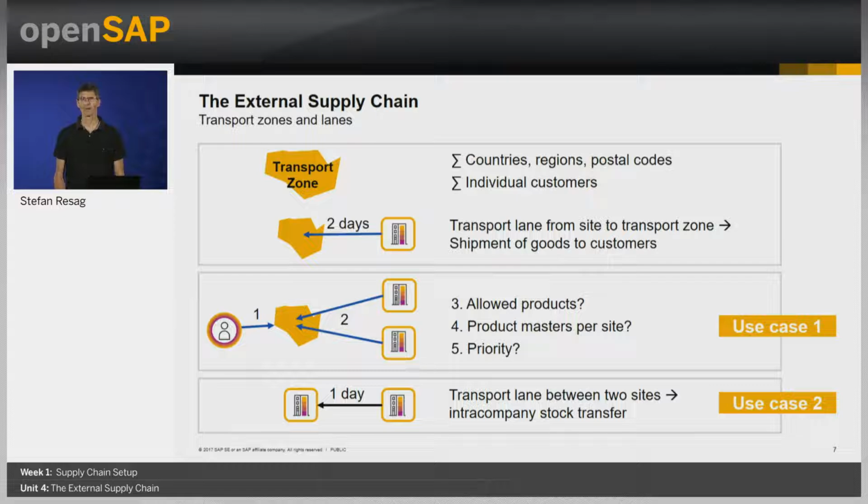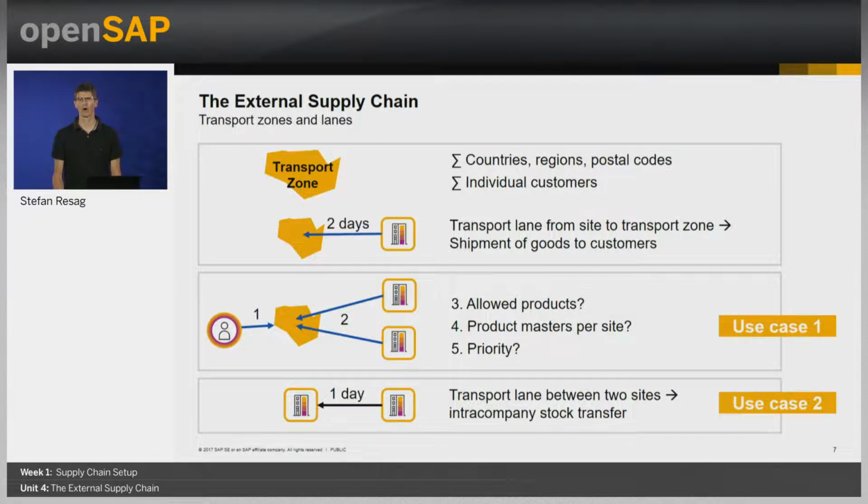In step 1, the system determines the transport zones. This is either done by checking if the account is directly assigned to a transport zone or if it fits into a transport zone based on the ship-to address in the sales order items. There could also be multiple transport zones a sales order item fits into.